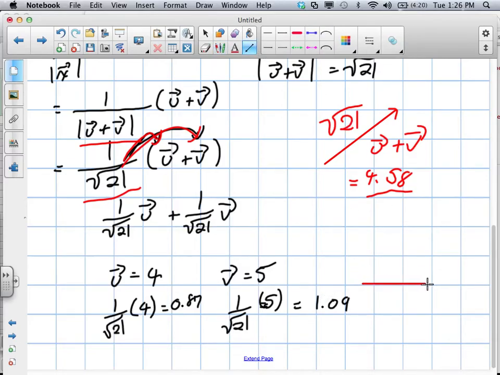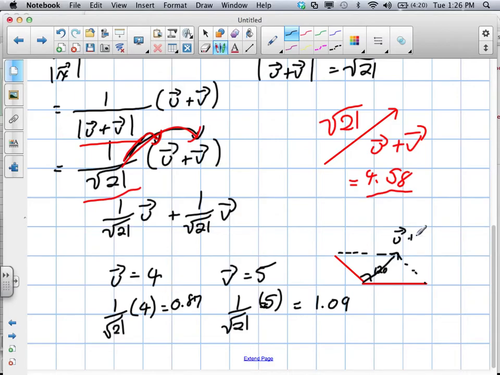What that means, our last chance to put this all together, is, remember we had a u and a v. The angle between them was 120. Well, we know u plus v is essentially this vector here. It creates our parallelogram. In order to make u plus v the magnitude of 1, our v vector needs to be 1.09, and our u vector needs to be about 0.87.